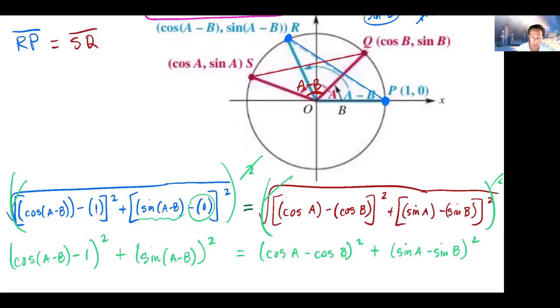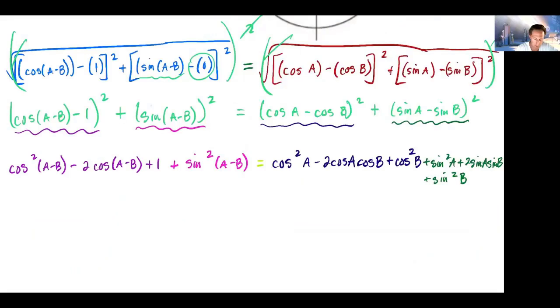So our next step would look like this. And now that I've color coordinated and expanded or squared this out by writing the cosine of A minus B minus 1 times itself, I'd get cosine squared of that angle minus 2 times of those plus 1. And then squaring that, since there was only one thing in there, even though that looks like 2, we're just squaring sine of that angle.